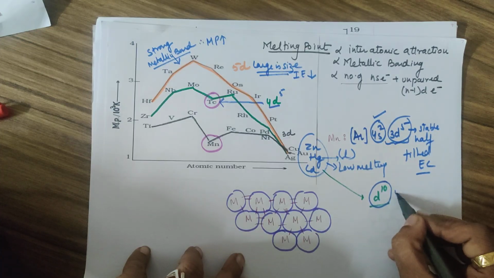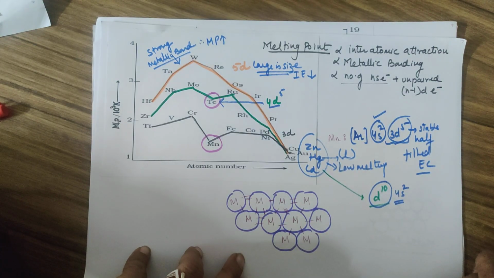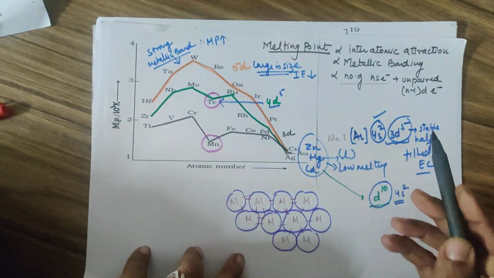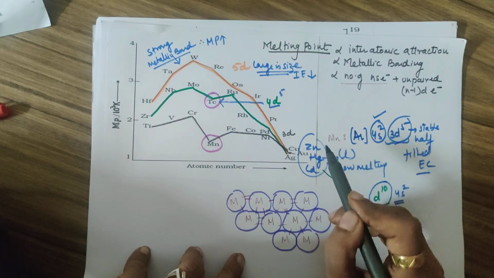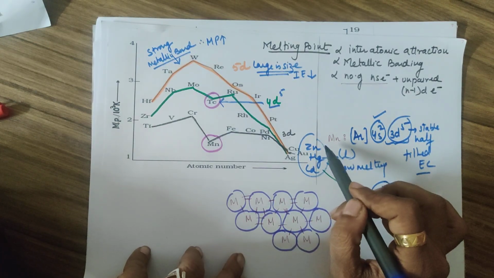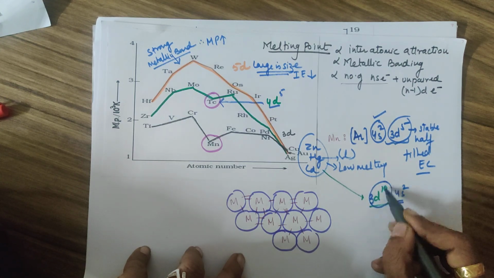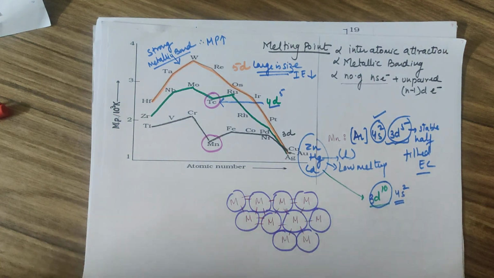So what is participating in bonding is only the 4s, which is going to be very little. So the last members of each series are soft metals. Zinc is said to be a soft metal because of weak metallic bond, and the weak metallic bond is because of the 3d10 configuration in zinc, which does not participate in metallic bond.